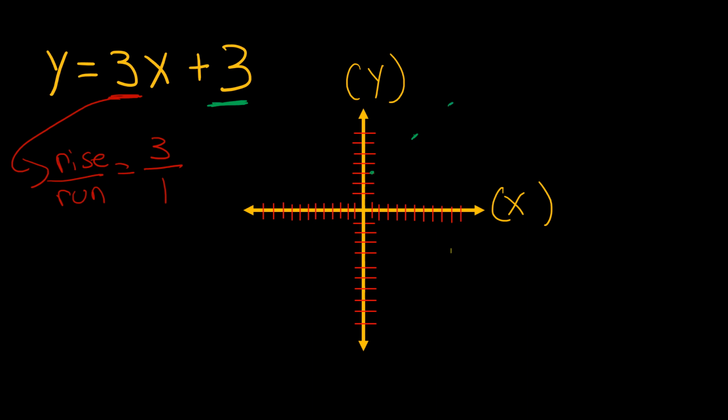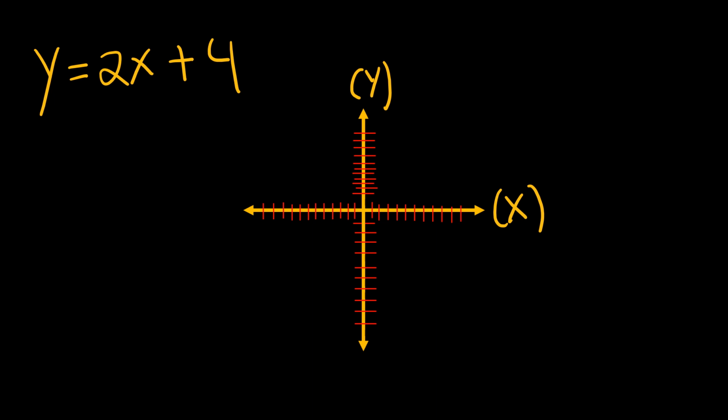So you can imagine we'll get a graph like so. And if we connect the dots, we'll have a line like that. Now this is a positive slope because we're going uphill, right? If it was a negative slope, it would be going downhill. So keep that in mind as we work through some more examples.